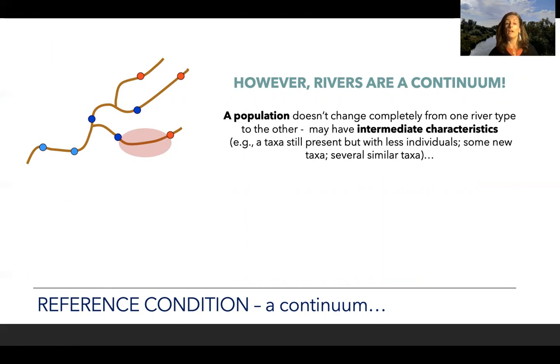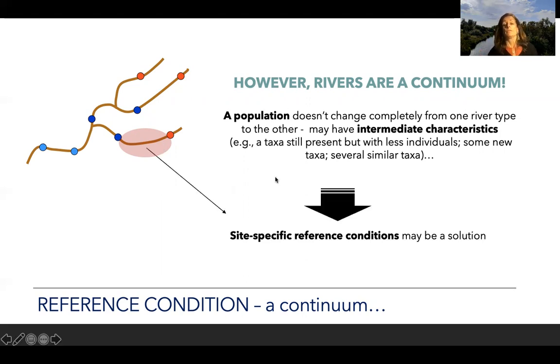So we'll probably also have populations that have intermediate characteristics. We may have new taxa, but the sum of the other ones from the red side should be there also, and we may have fewer individuals of certain taxa or the same from other.